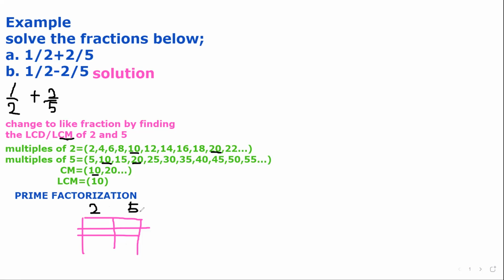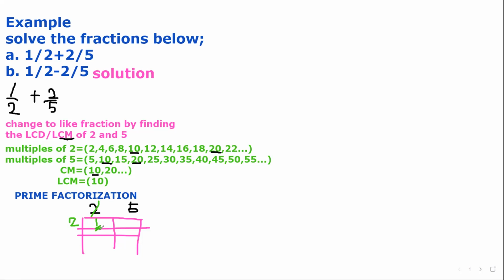You have to think about the 2 numbers or 3 numbers. If you are finding the LCD of 3 numbers, you have to think about a common number that can cancel all. These are 2 numbers, but we can't get a common number to cancel both, so you have to take the numbers themselves. So the first divisor here is 2. Okay, 2 cancels to 1.